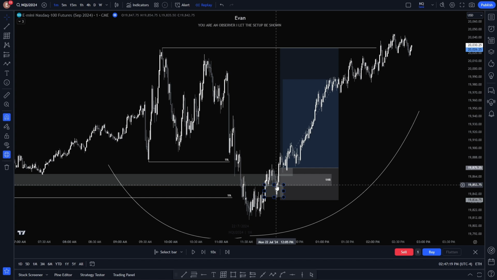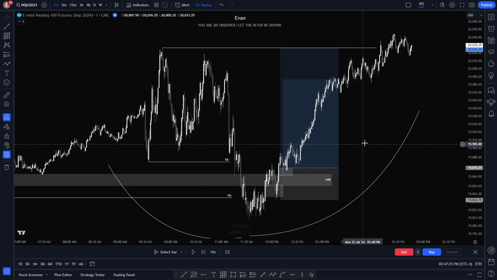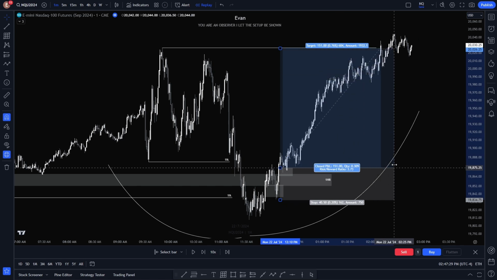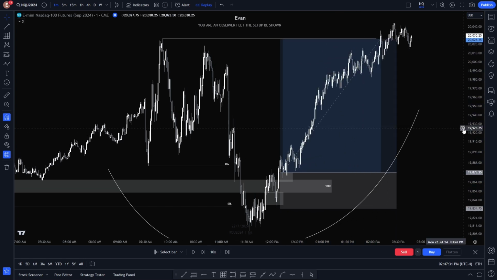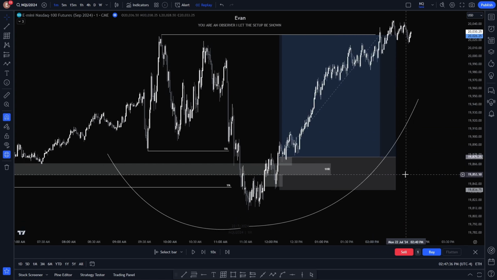Okay, you could have taken your entry here. For me personally, for me to be more A plus, I wanted to see more displacement up to confirm my bias. You take your entry here and just go straight to your TP targets. And that's everything that I look for in my A plus entry checklist.